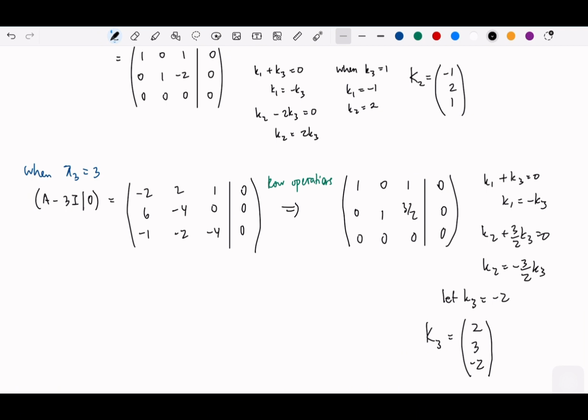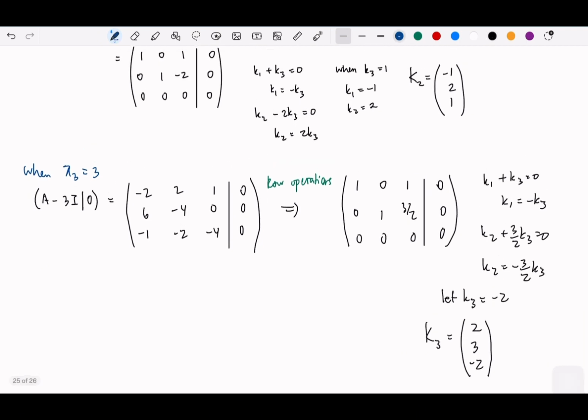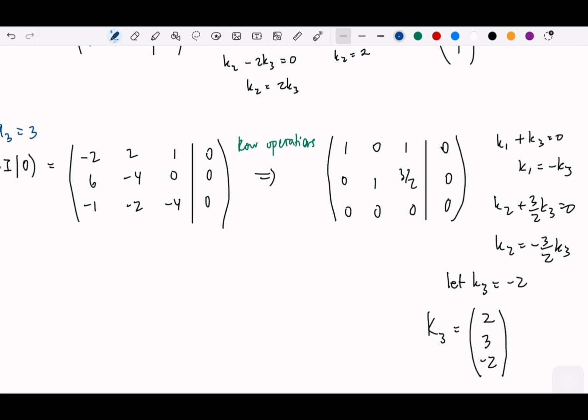Sometimes you could also write first, before we let the value for K3, that K1 is negative K3, K2 is negative 3 over 2 K3, and this is K3.